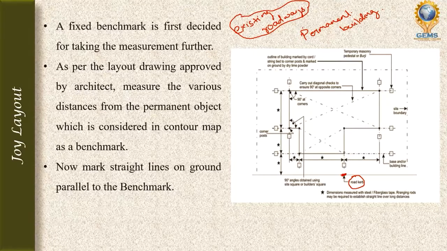So if we are assuming this as our benchmark, then from here we have to measure the various distances to mark the lines on the ground parallel to the benchmark. We take various distances parallel to the existing benchmark and mark the straight line on the ground which is parallel to our benchmark.